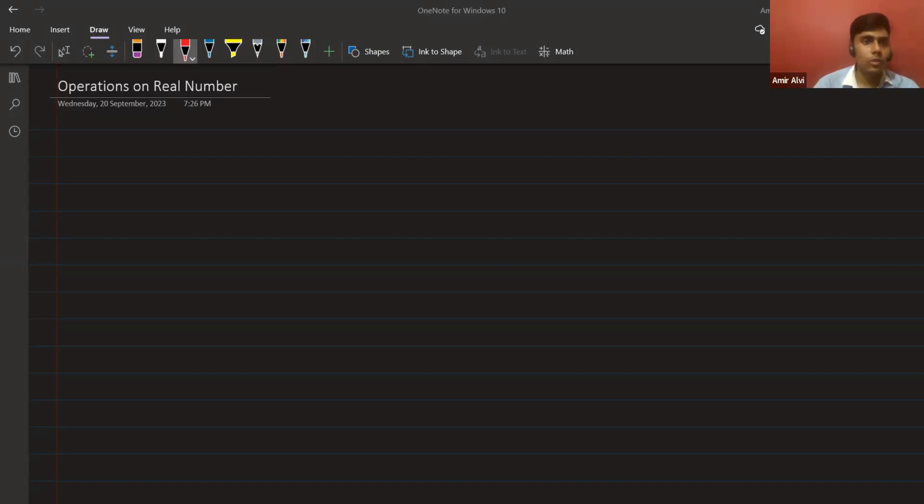Basically, this is called laws of exponents. Simrat, in the previous standards, have you studied some exponent, power, something related terms? Yes. Can you tell me some?